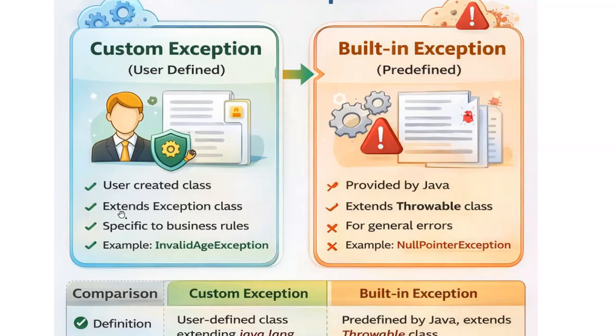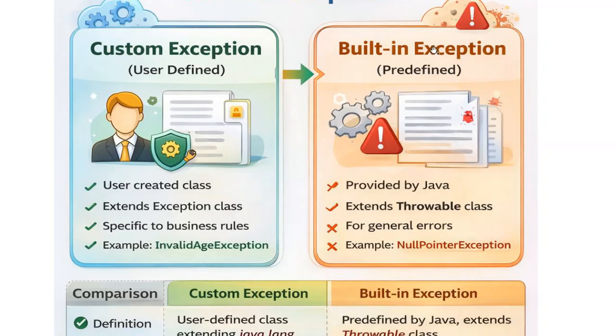Here, the custom exception extends the Exception class. Under Exception only, these custom exceptions will come. Got it? Next, it will be specific to the business rule, because of some important logic, for example whether the concerned person is eligible to cast their vote or not.